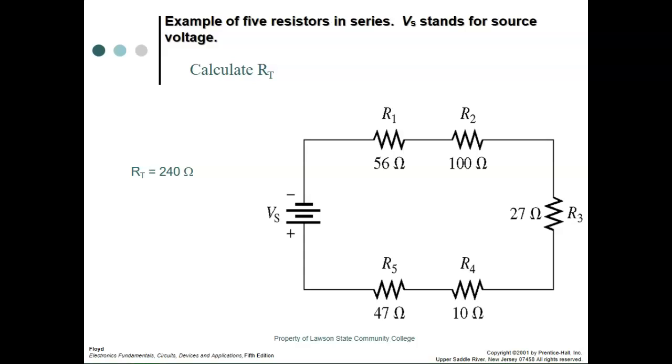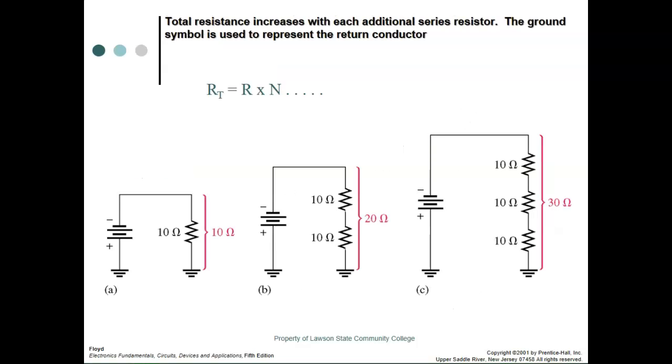Why is it 240? Because we added up all our resistance. So total resistance will increase with each resistor added. However, if you take resistors away, what will happen to your total resistance? It'll go down.